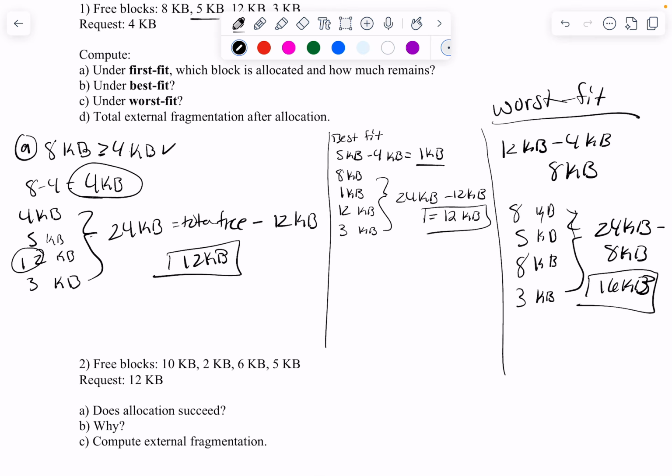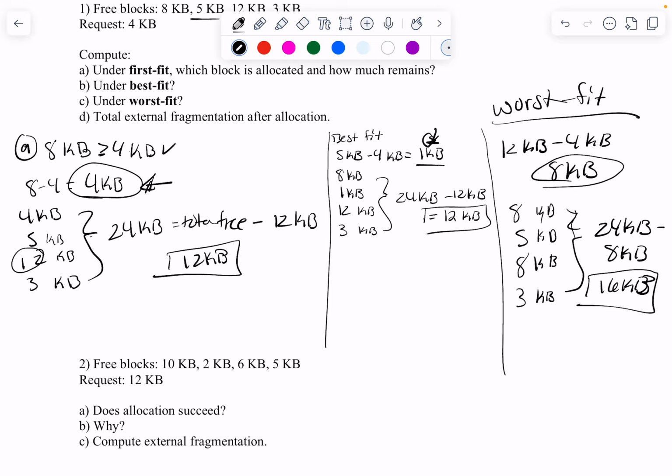Again, for first fit, our external fragmentation was 12 kilobytes. However, the size of the hole was only 4, whereas with the best fit, the size of the hole was the smallest, and for the worst fit, the size of the hole was the largest.